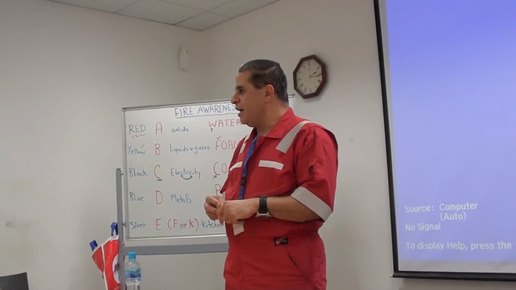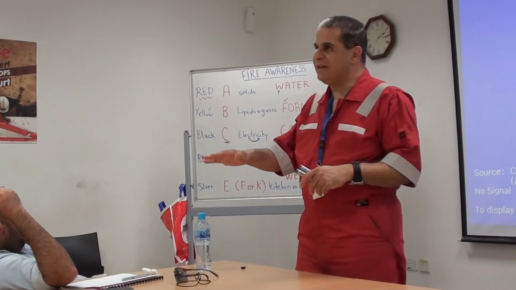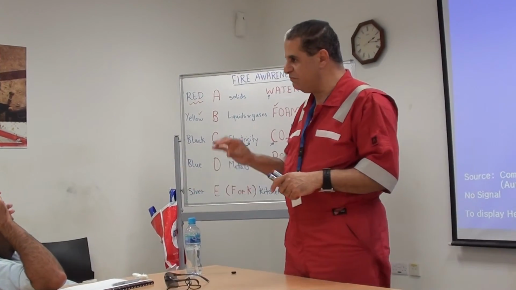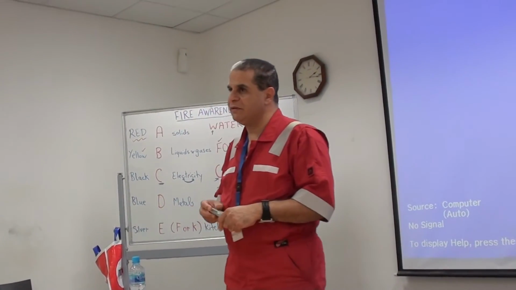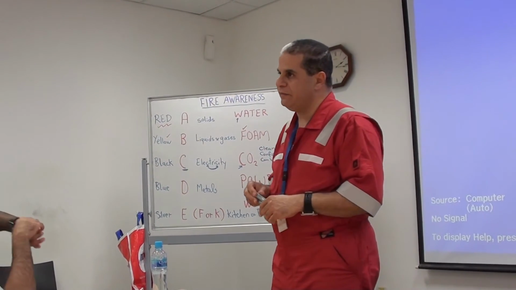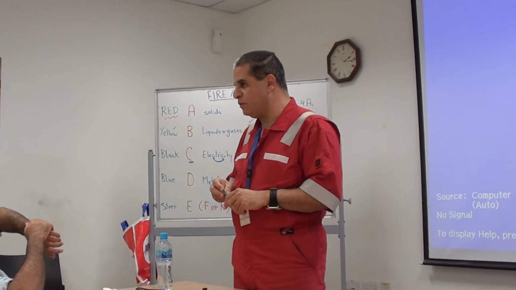And when you use this wet chemical, it makes a saponification reaction. This saponification reaction makes a layer of foam on the superficial layer of oil. This layer of foam obscures oxygen and hence suppresses the fire.